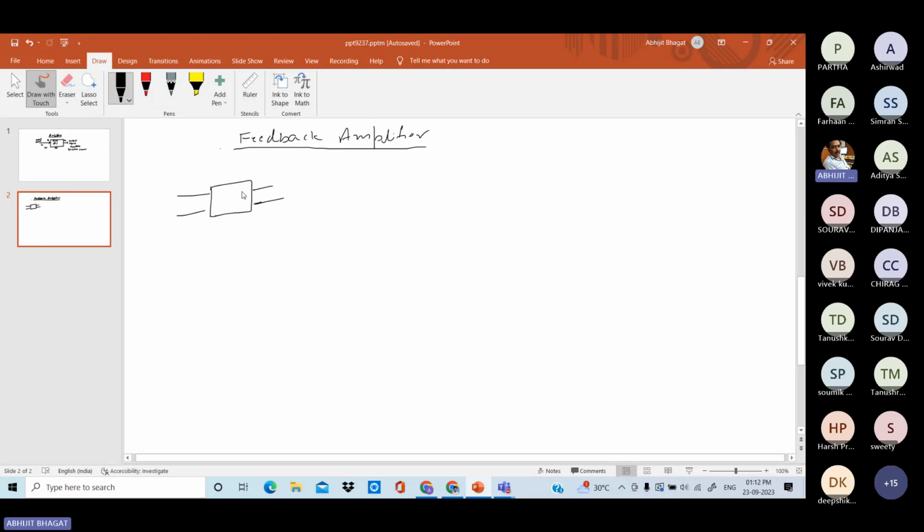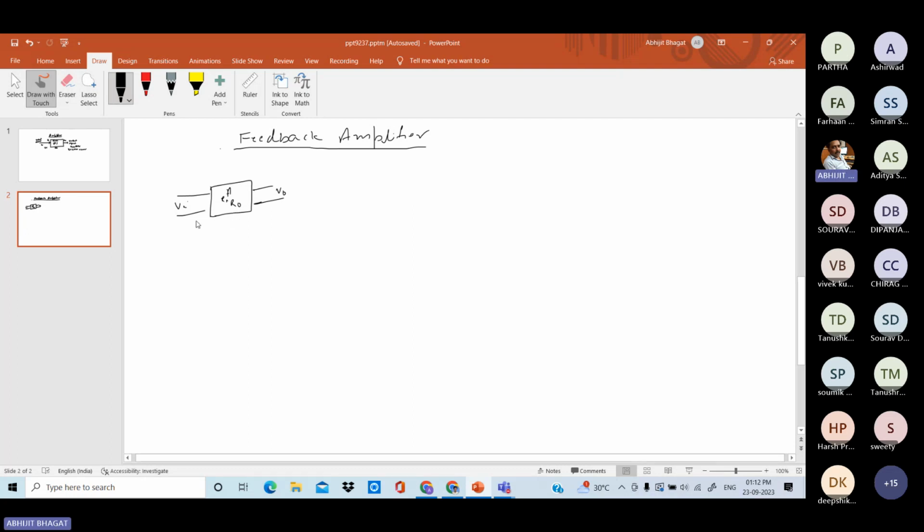Okay. So whatever the input is given to the input side, you are getting an amplified version of the signal across the output side. The gain of the amplifier A is fixed. It is fixed by the manufacturer. The input impedance Ri, the output impedance R0, all these things are fixed by the manufacturer.